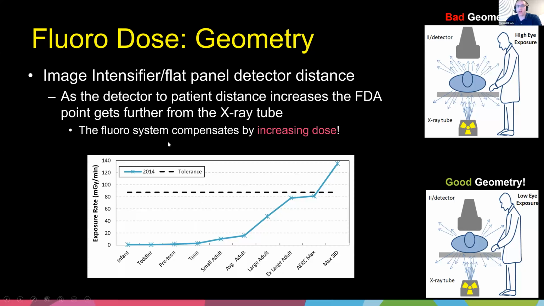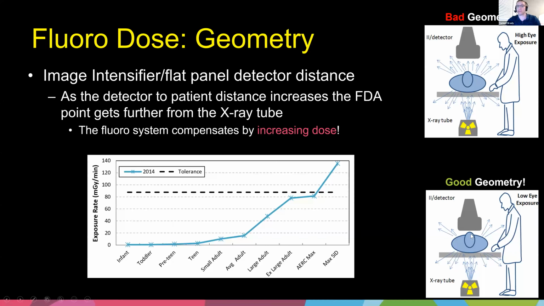So what I'm trying to say here is on these variable II or flat panel systems, on these C-arms, you do want to keep the geometry where the detector is as close to the patient as possible. We talked about how that is the best image quality last week. In this environment, you'll have good contrast to noise ratio, less scatter, less noise.